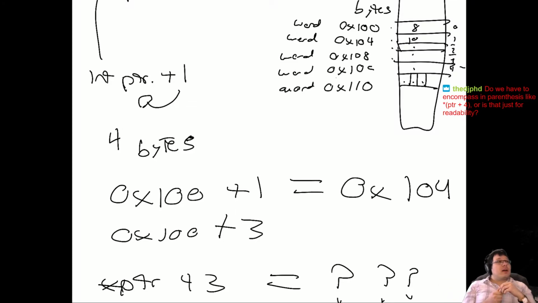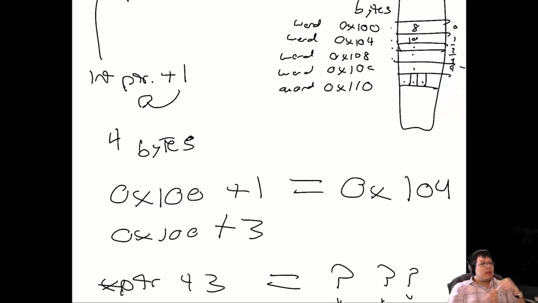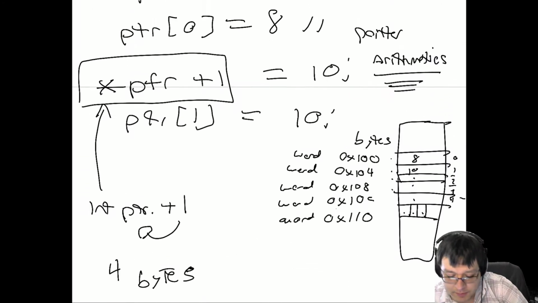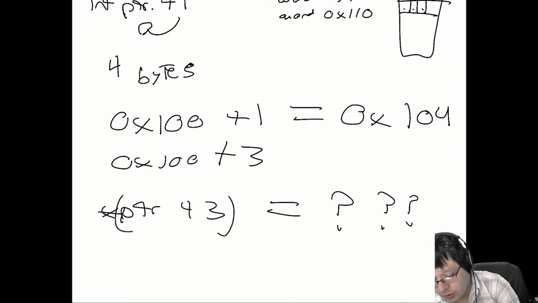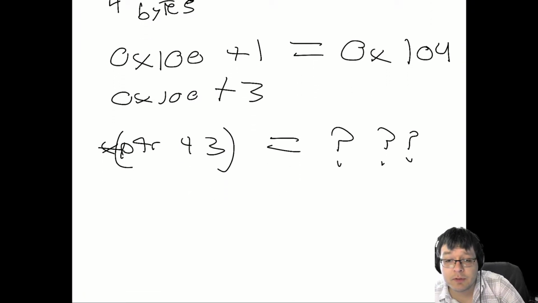Do we have to encompass in parentheses PTR4, or is that just for readability? No, you do. You do want to encompass it, because if you don't, it's going to dereference it. So I wasn't getting into the official syntax, but yes, when you're doing this pointer arithmetic stuff, you got to make sure you do this, because there's order of precedence with operators, right?